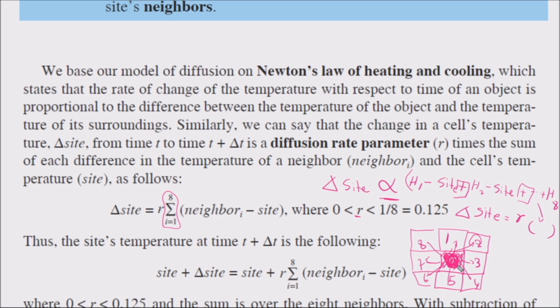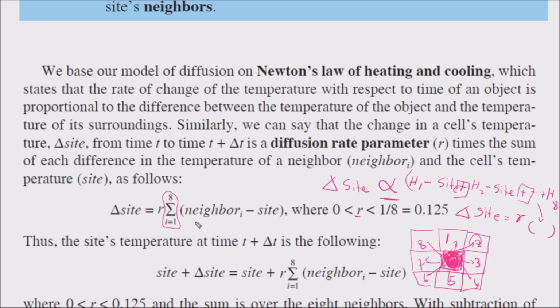So the temperature of this center always has to be higher than whatever surroundings, right? That is a fact. Because of that you will have to consider how much this R is. And why is it neighbor minus site?